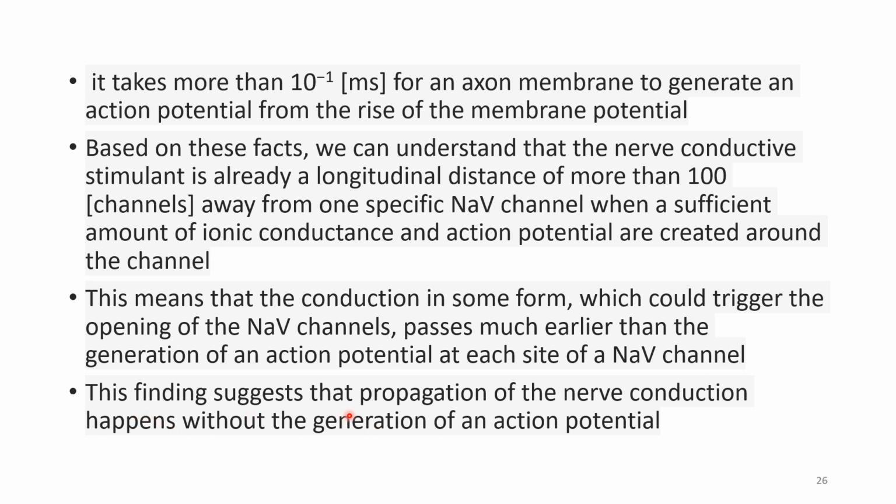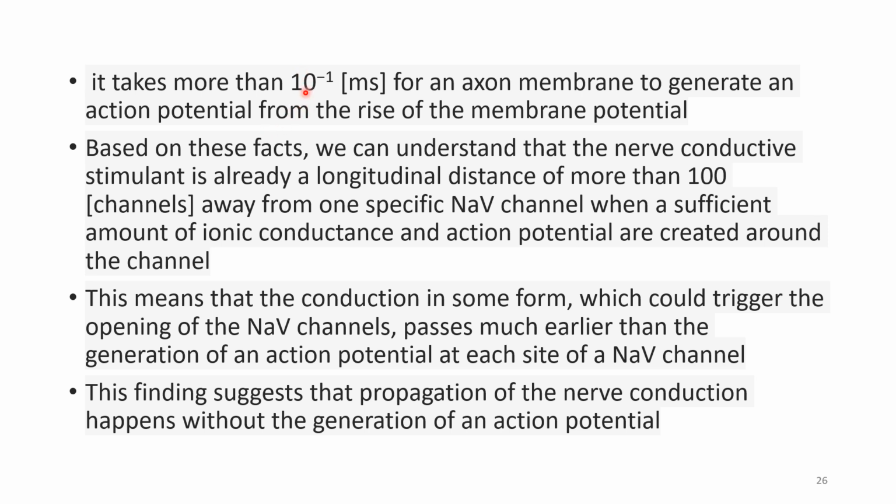So this finding suggests that the propagation of the nerve conduction happens without the generation of an action potential. So mostly our electrotonic conduction happens like this. Action potential need not be generated, but conduction is happening. Why?